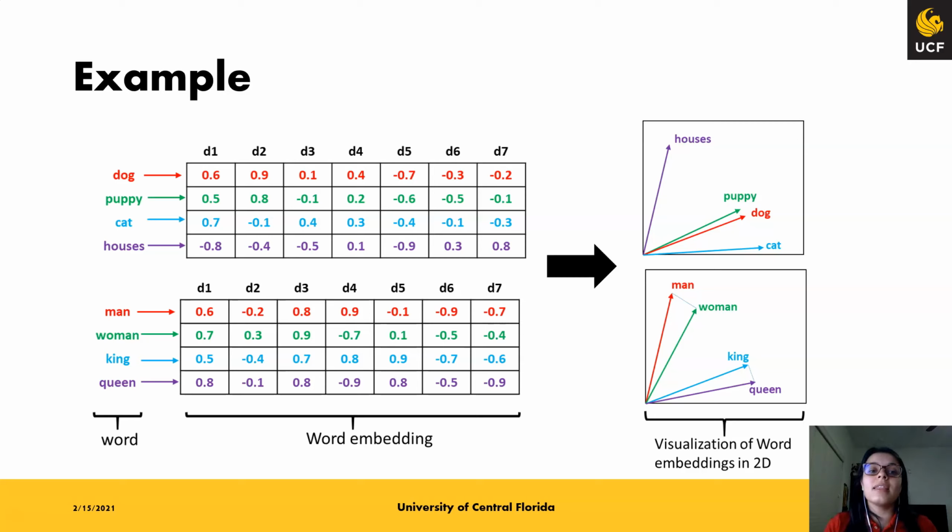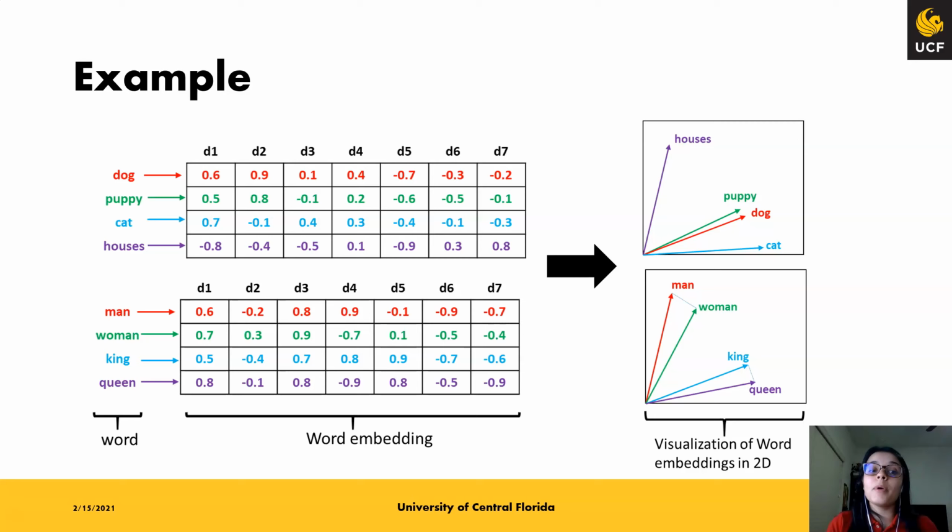So we can say that dimension 1 could be animal, and that's why dog, puppy, and cat have a positive value and a similar value, and houses has a negative value because it's not an animal. And we can also see in the visualization in this graph that puppy, dog, and cat stick together and houses are a little bit far away.